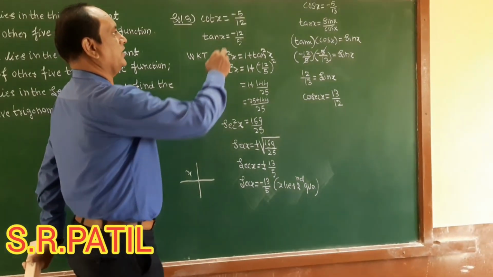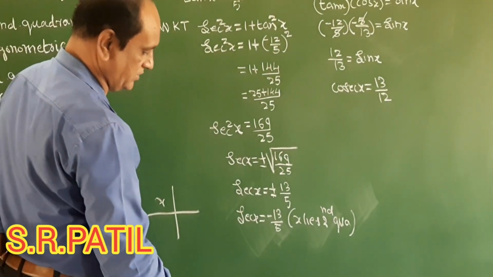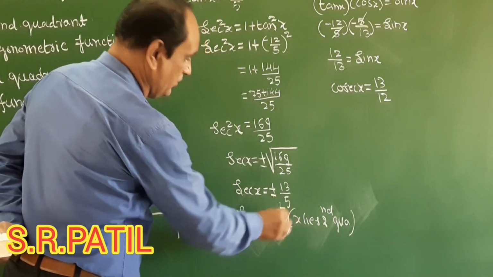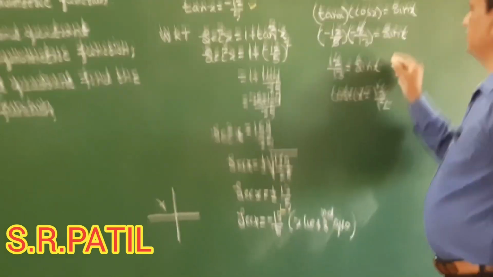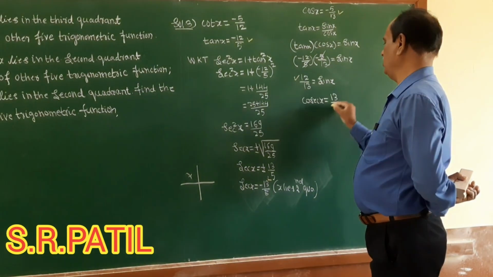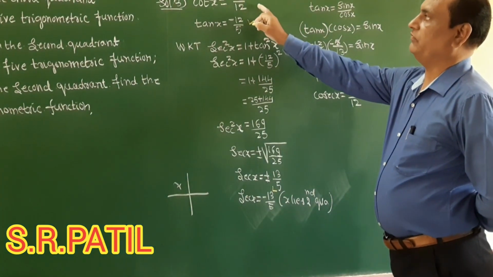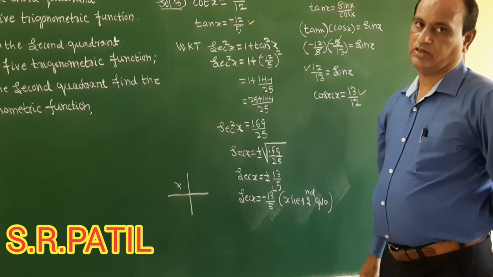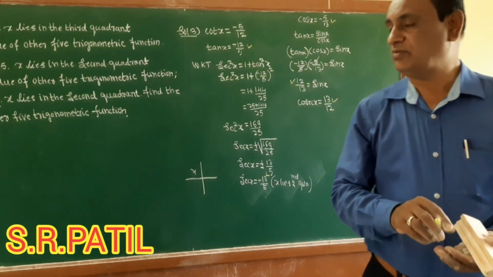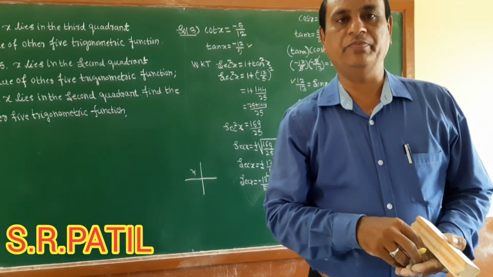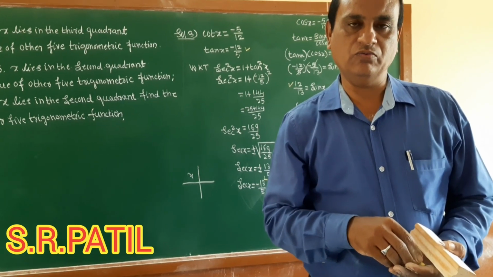First, the given tan x; next we calculated sec x; then cos x is negative; then sin is a positive value; cosec is positive 13 divided by 12. One trigonometric function value is given, then you have to write the remaining trigonometric functions. So in this period, 3 examples are completed. It depends on the problem and on the quadrant rule. So thank you one and all.